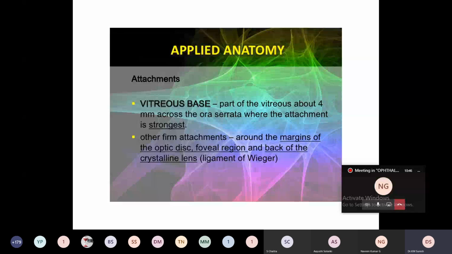Other firm attachments are again in the posterior aspect, around the margins of the optic disc and foveal region, and in the anterior aspect it is attached firmly to the crystalline lens, and this attachment is referred to as ligament of Wieger.